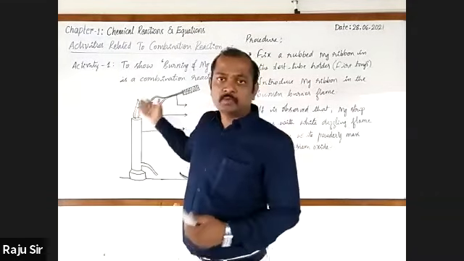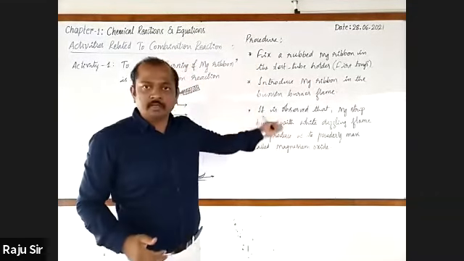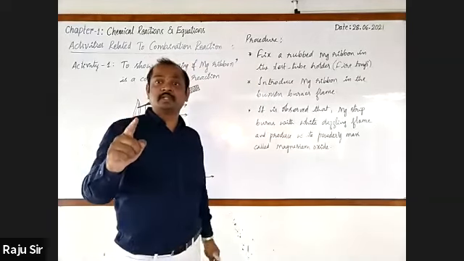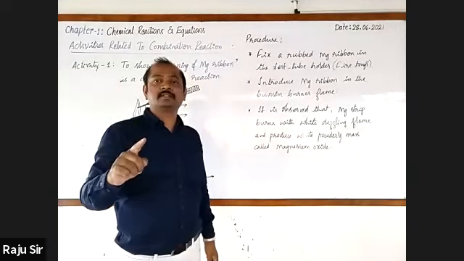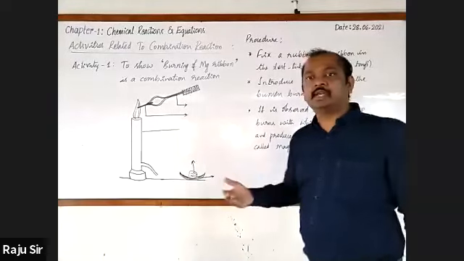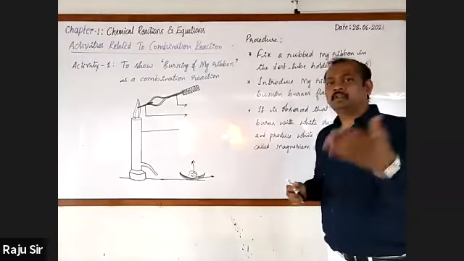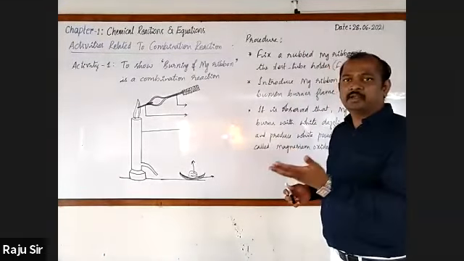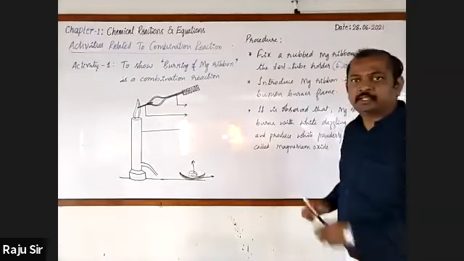See, arrangement is over, procedure is over, then observation is over. Next one is conclusion. Whatever chemical reaction takes place should be expressed symbolically, nothing but an equation. In your previous class, how to write the experiment was explained.